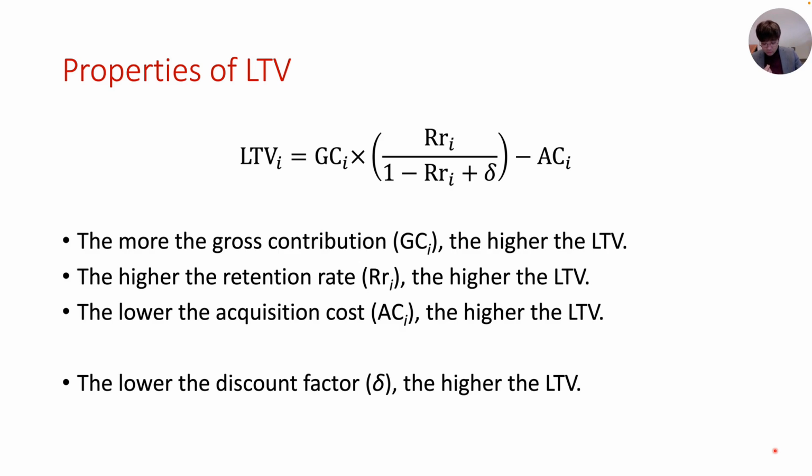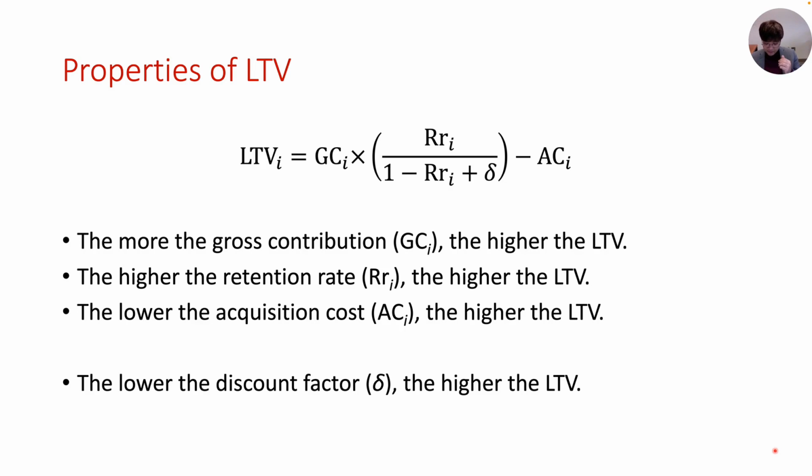Third, the lower the acquisition cost, the higher the LTV. This is also straightforward because reducing cost means improving profit. Fourth, the lower the discount factor, the higher the LTV. The discount factor is the rate of discounting monetary values in the future to account for the value of time.